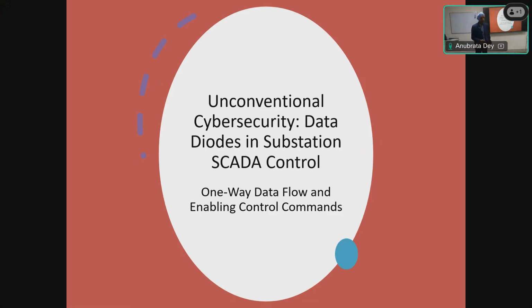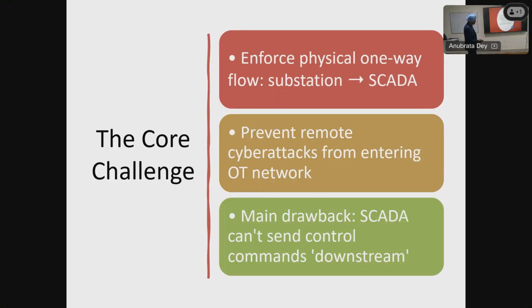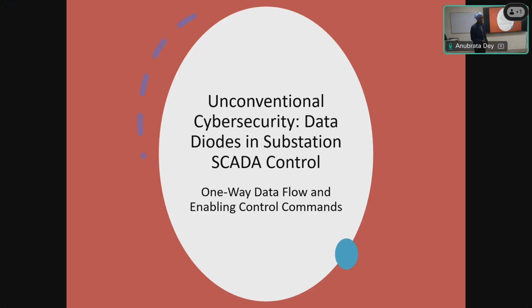This I call unconventional cybersecurity. It's not in the conventional set, but let's talk about data diodes in substation SCADA control. This is really one-way data flow, and it enables the control. If somebody doesn't have very sophisticated cybersecurity like public key infrastructure and digital signatures, this is probably one of the easiest ways to at least set up some cybersecurity, especially in the SCADA system.